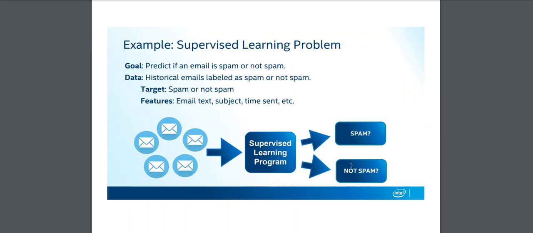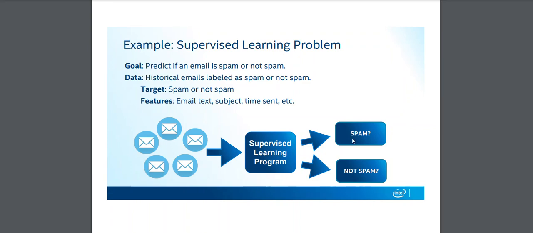And one of the things that we've looked at previously is our collection of data, and we're cleaning data, and we'll talk more about that in the next module. But ultimately, I have these emails, and I want to be able to have a system that will look at every email that comes in and predict whether it's spam or not spam.